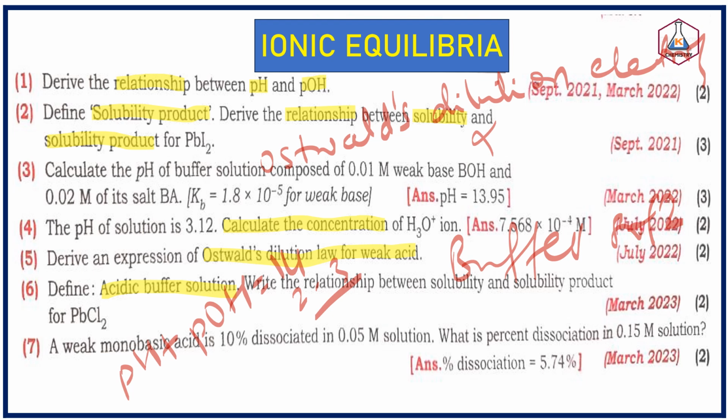Buffer action, their applications, solubility and solubility product. There is a relationship between solubility and solubility product. Thereafter, condition of precipitation, common ion effect, with example and proper explanation.